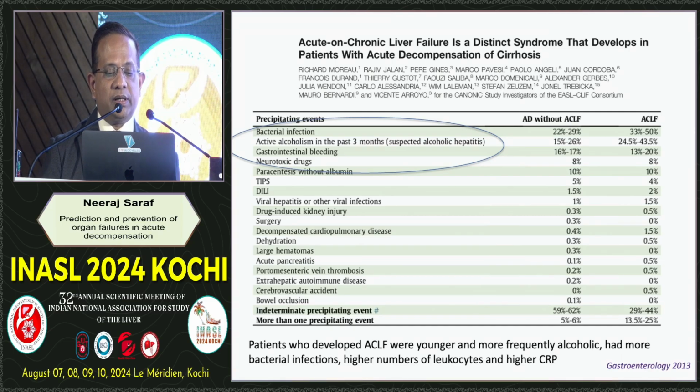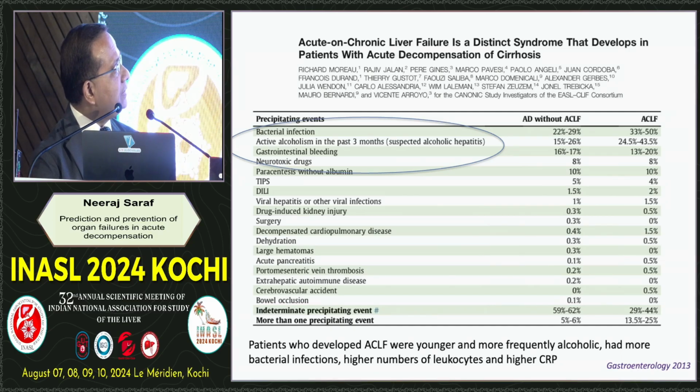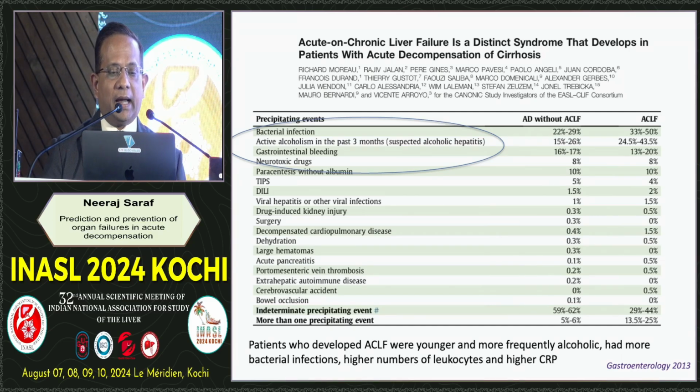So patients who developed ACLF were younger, were more frequently alcoholic, had more bacterial infections, and higher number of leukocytes and higher CRP. And if you look at the major precipitating events which led to ACLF in these, they are bacterial infections, active alcoholism in the past 3 months or suspected alcoholic hepatitis, GI bleed, and neurotoxic drugs. So the first three formed the bulk of precipitating factors which lead to organ failure or ACLF in patients with AD or acute decompensation.